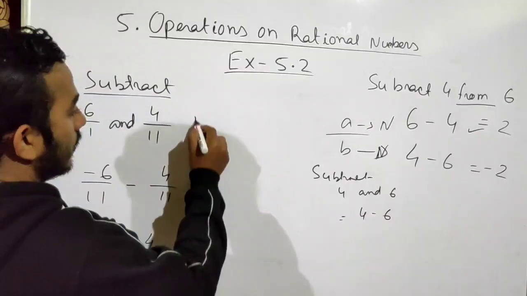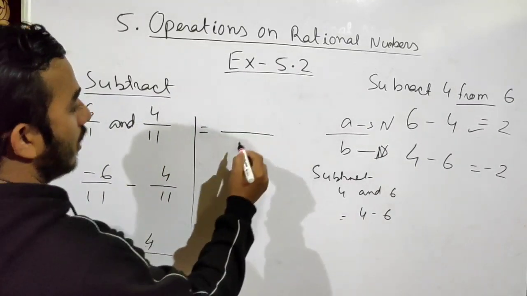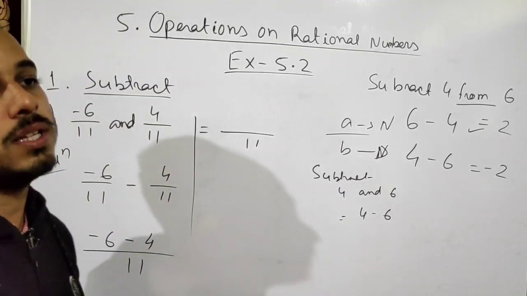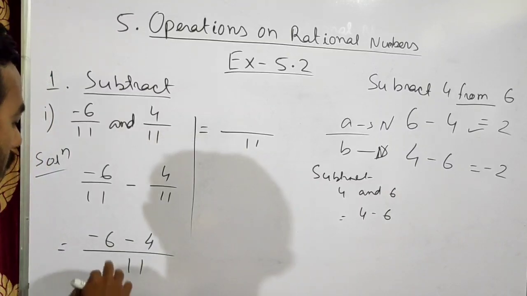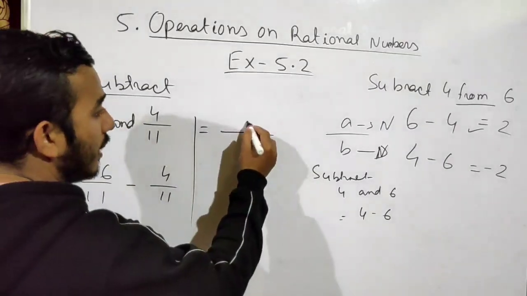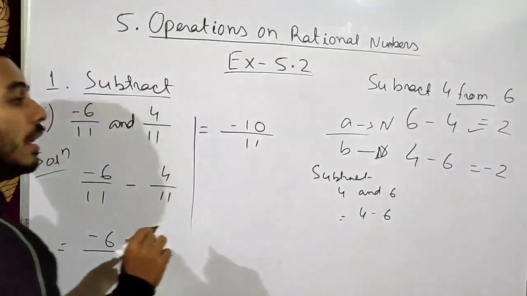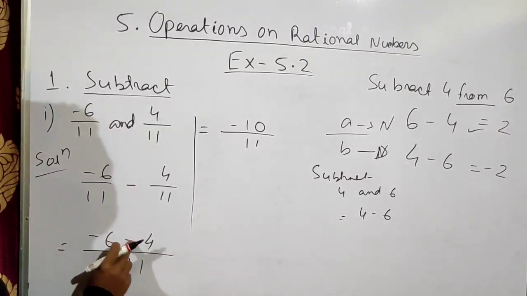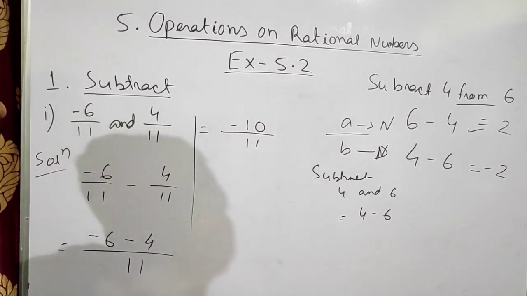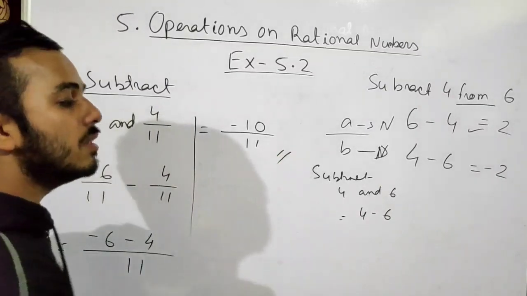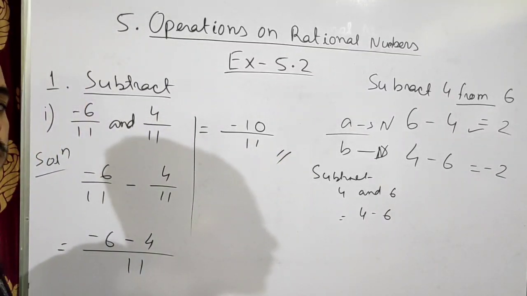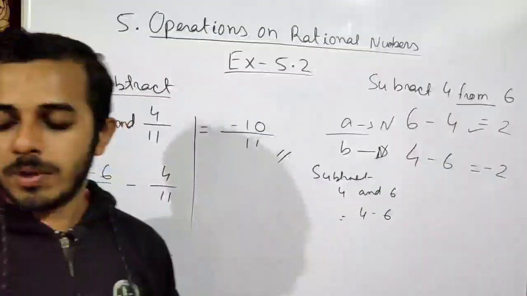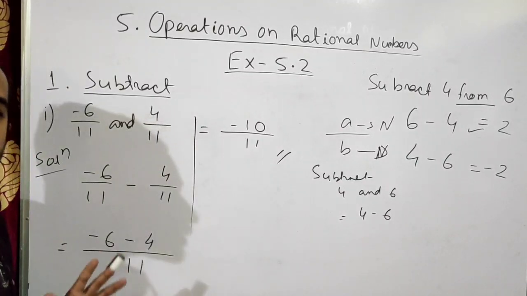Now look, minus minus is plus. Clear? So 6 plus 4 is 10 and the sign will be minus. Minus minus is plus, 6 plus 4 is 10, but the sign will be minus. So this is our result. Very easy, isn't it? Yes. Very easy question for a student of class 7 standard. Let us solve a few more and the remaining you will solve. I hope this is clear to you, right?